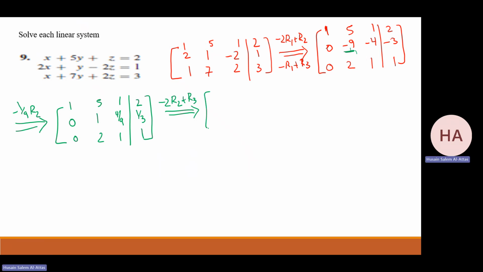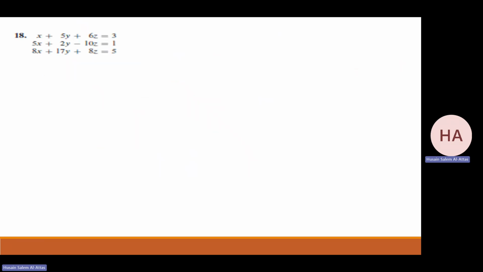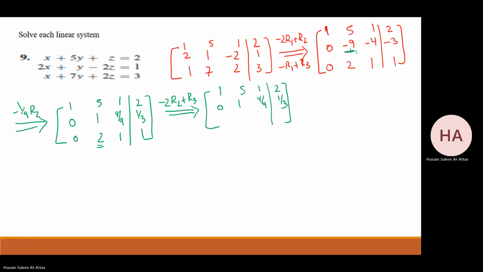Now, I multiply the second row by minus 2 and add it to the third row. See what will happen. 1, 5, 1, 2. This will be the same. 0, 1, 4 over 9, 1 over 3. Okay, I need to get rid of this. So multiply the second row by minus 2 and add it.